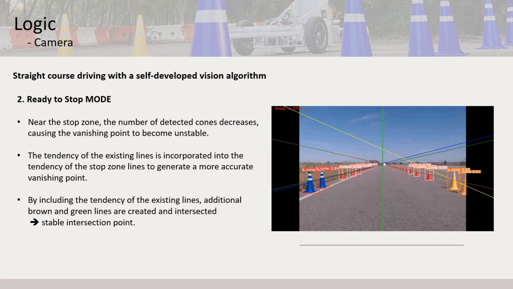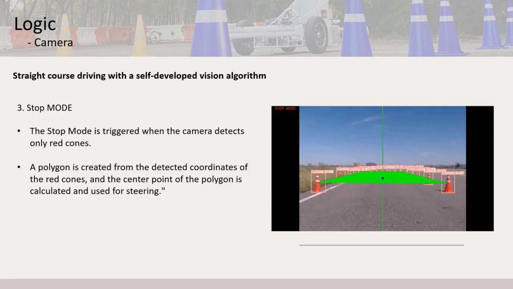This situation makes the vanishing point unstable. To maintain stability, I incorporate the tendency of existing lines into the stop zone lines. This process assists in generating a more stable vanishing point by creating additional brown and green lines which include the tendency of the previous frame.